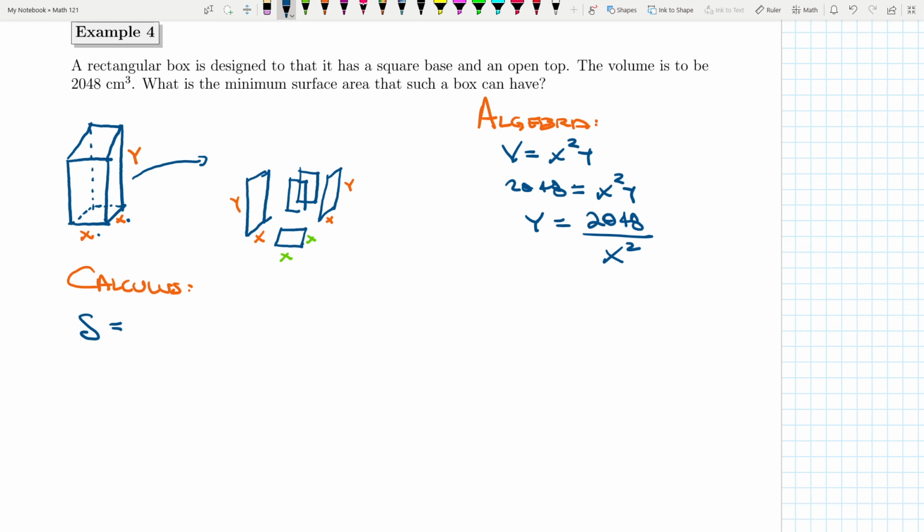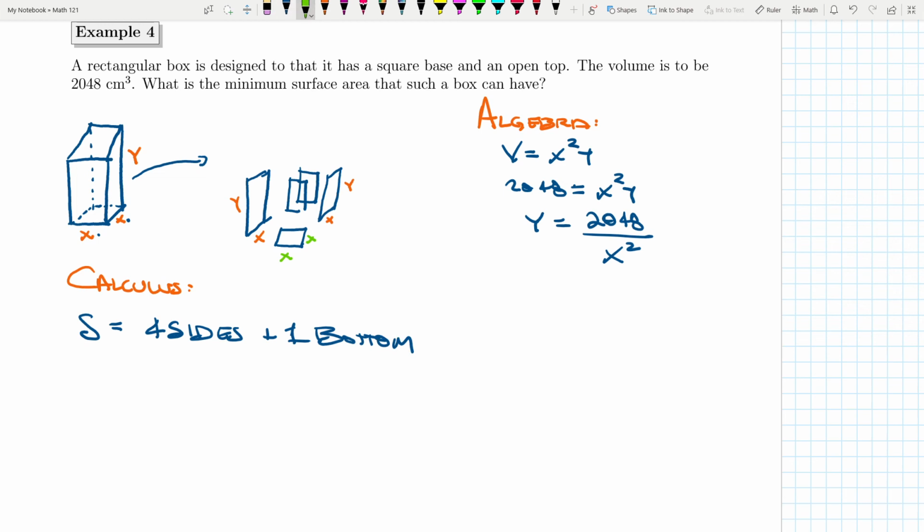But before setting up an expression, what do we have? Notice we don't have a top. We have 4 sides and 1 bottom. So let's set up the expression for the sides.